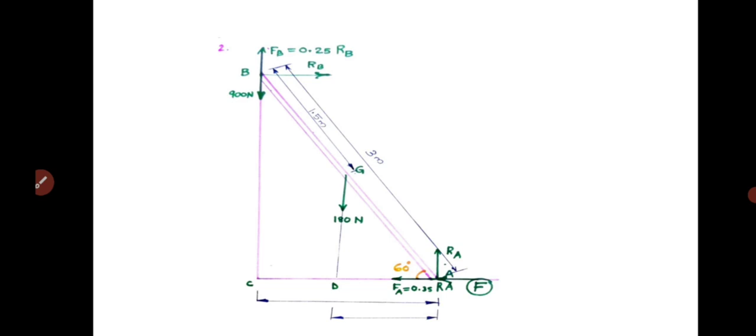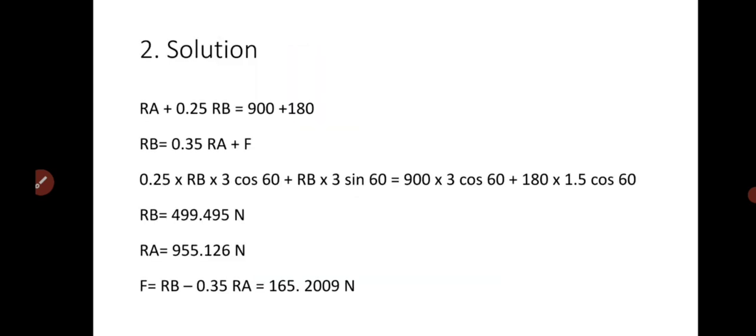So cos theta will be AD divided by 1.5, or AD equal to 1.5 cos theta, cos 60. Okay. So you can find the values of BC, AC and also AD and apply, and you will get these equations. So RA plus 0.25 RB equal to 900 plus 180, RB equal to 0.35 into RA plus F.